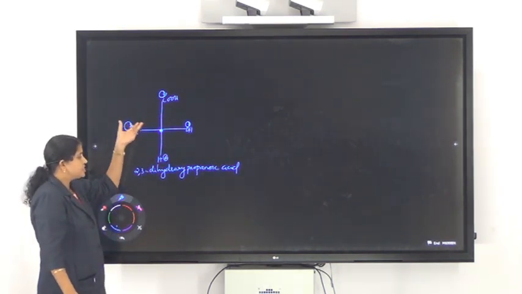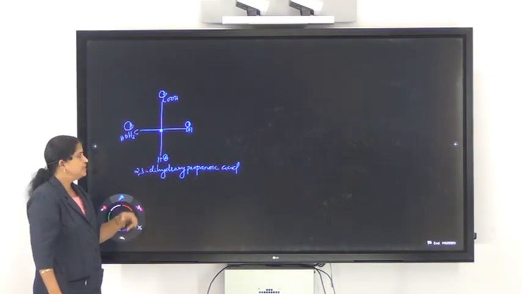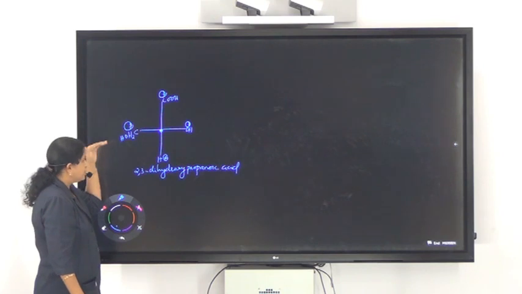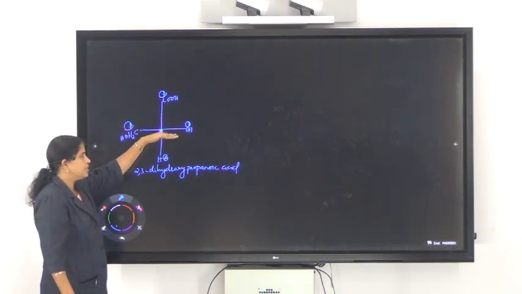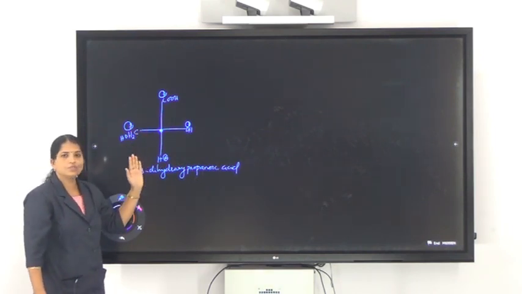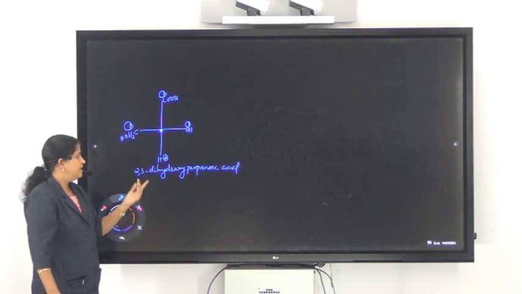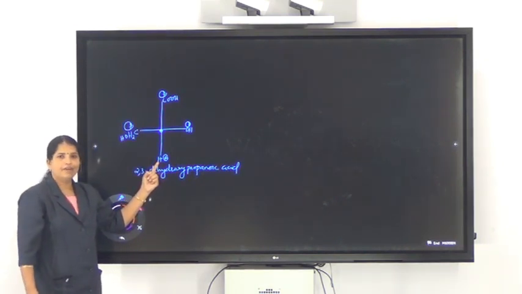Then this is the projection formula for this 2,3-dihydroxypropanoic acid. In the Fischer projection formula, the horizontal lines represent the groups that are pointing towards us and the vertical lines represent the groups that are pointing away from us. Here, the hydrogen, the lowest priority group, is pointing away from us.